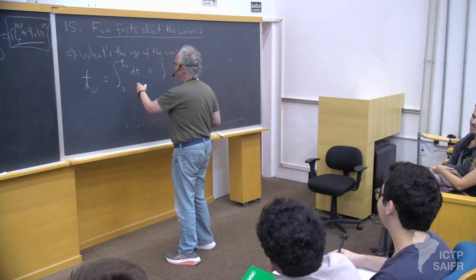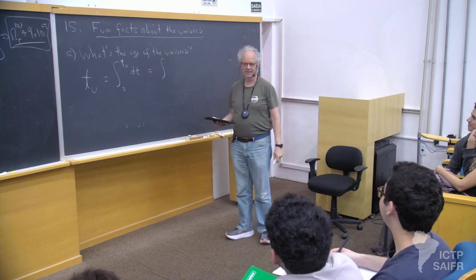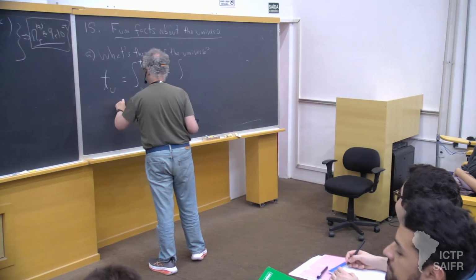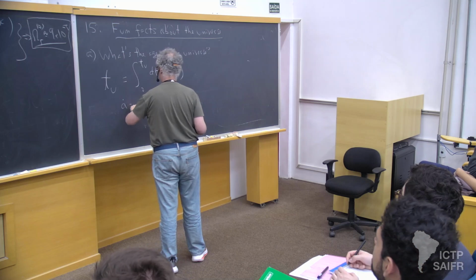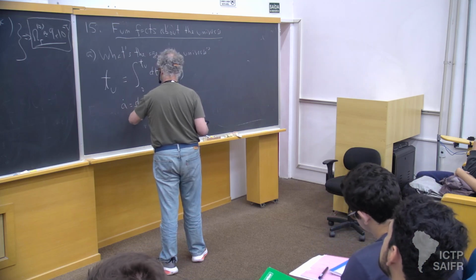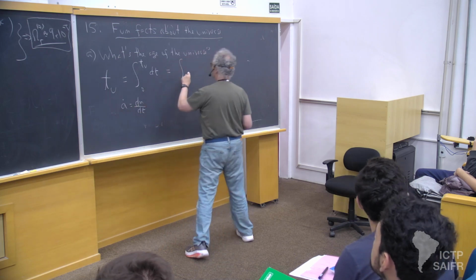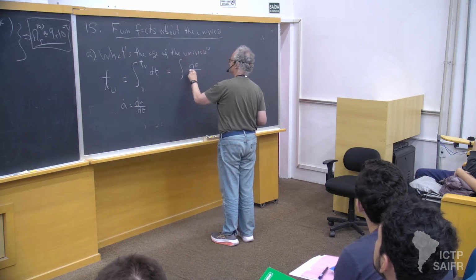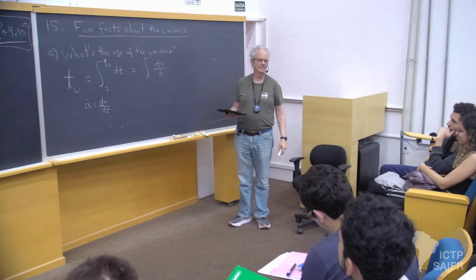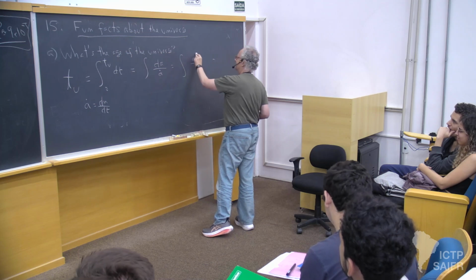I want to use an integral not over time, but over the scale factor. Remember that the scale factor derivative, A dot, is dA/dt. So I can write dt as dA over A dot.